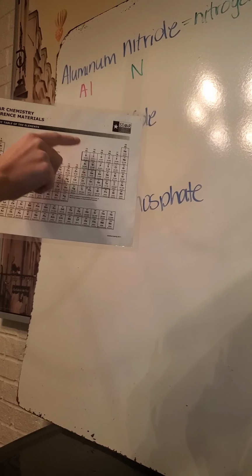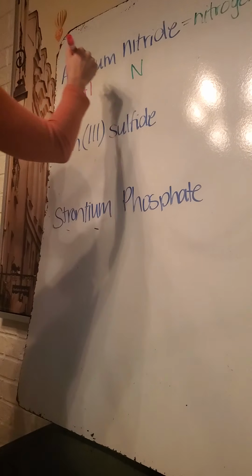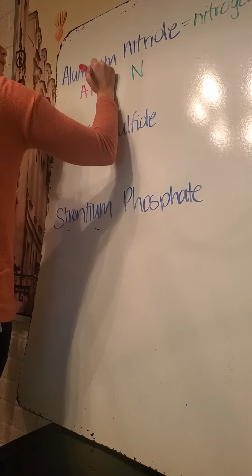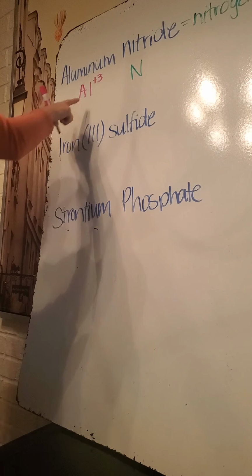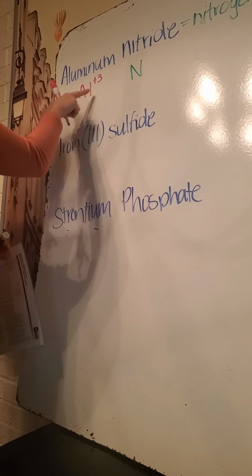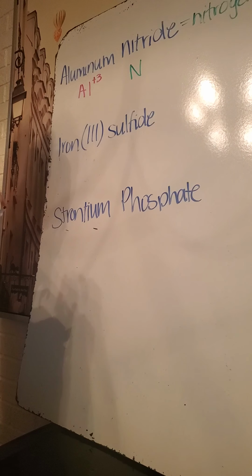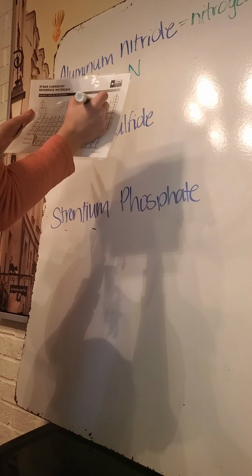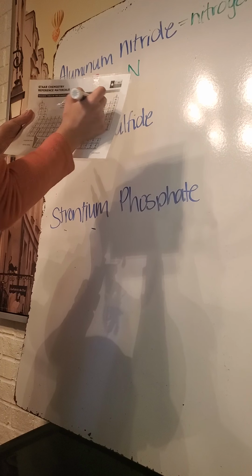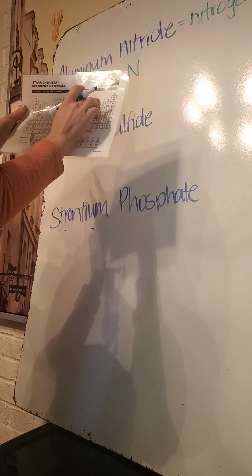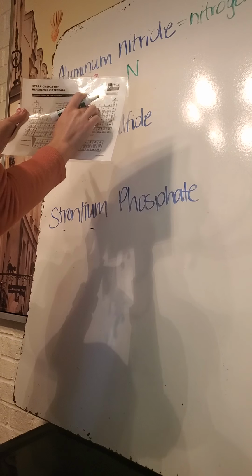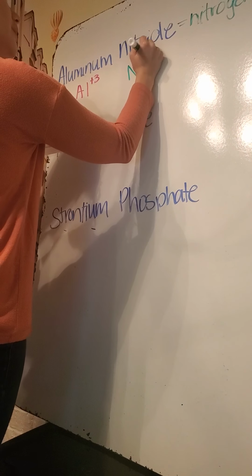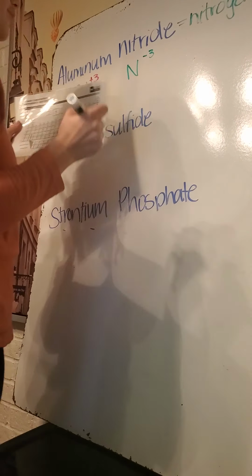That's telling you that aluminum has a +3 charge, because we know aluminum's a metal, so that means it's going to be positive. And we're going to find nitrogen up here, in group 15. It's going to have a -3 charge.